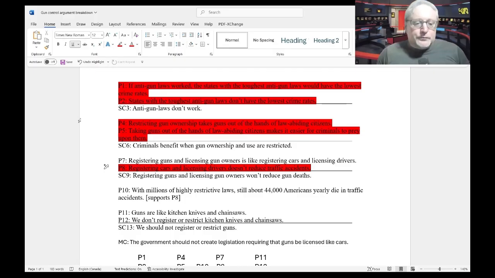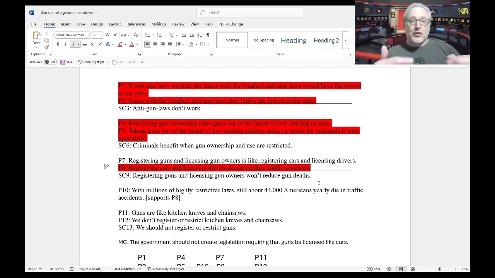But I will mention that in this case, the more similar the cars thing is to the guns thing, that actually would weigh against the author's conclusion that registering guns and licensing gun owners won't reduce gun deaths, because we know that registering cars and licensing drivers does reduce traffic accidents.